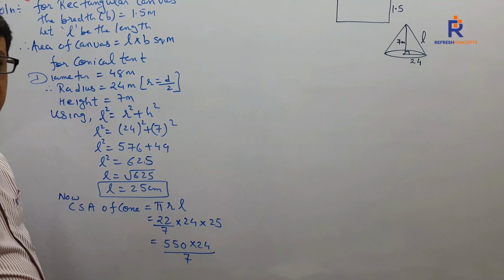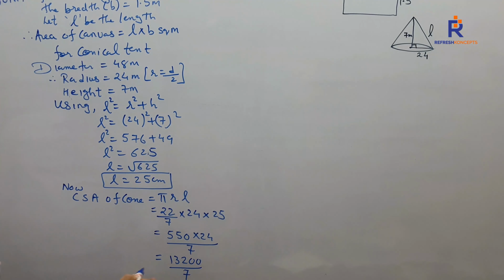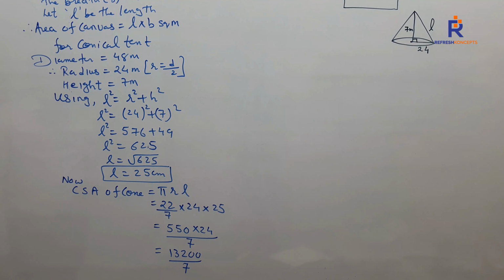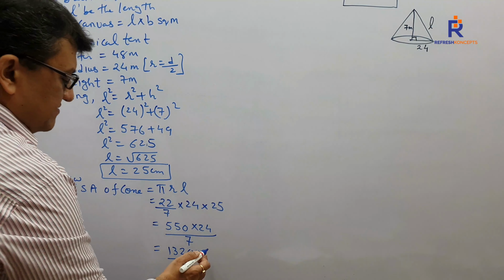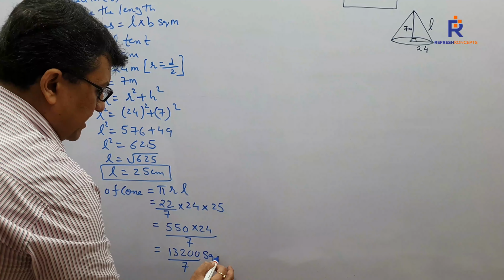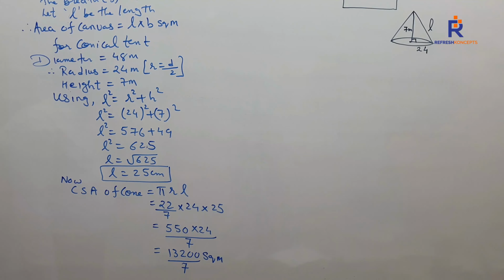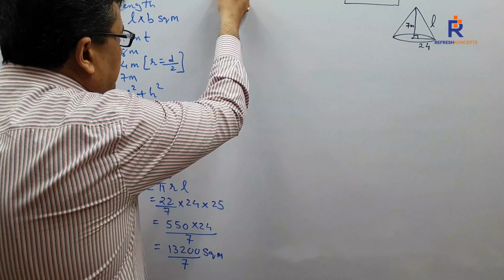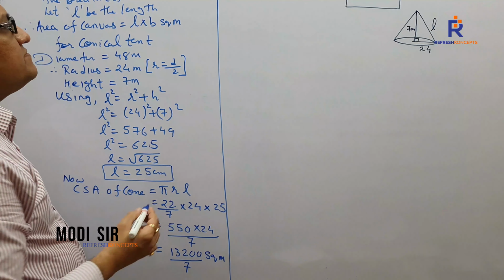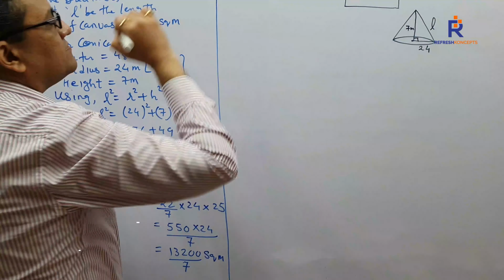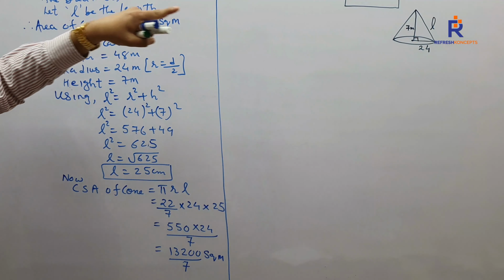When you multiply 550 by 24, the answer you get is 13200 by 7. This is the curved surface area, in square meter. 13200 by 7 is the curved surface area of the canvas cloth, right? Now, 10% of the canvas is used in folds and stitchings.